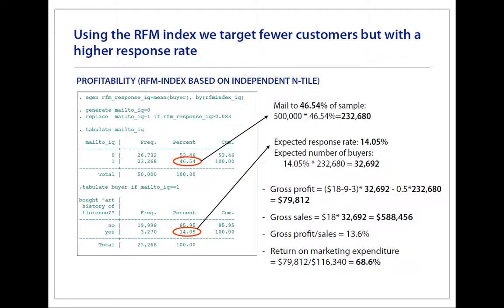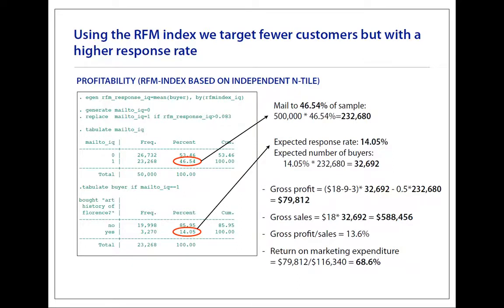In the 50,000 customer sample, if I had targeted the 46.54% of the customers who have a high response rate, higher than the 8.3%, 14.05% of them responded. They bought. So in the remaining 500,000 customers, 14.05% of them will buy on expectation.